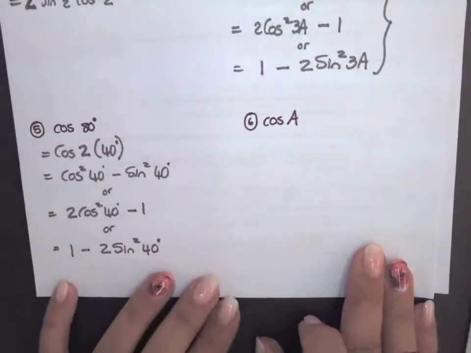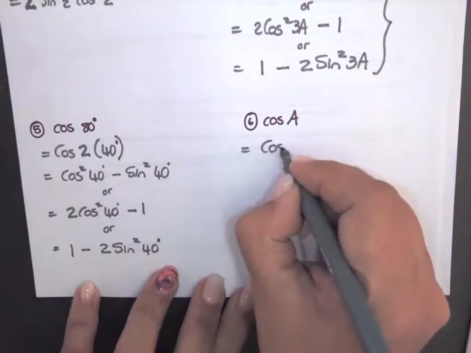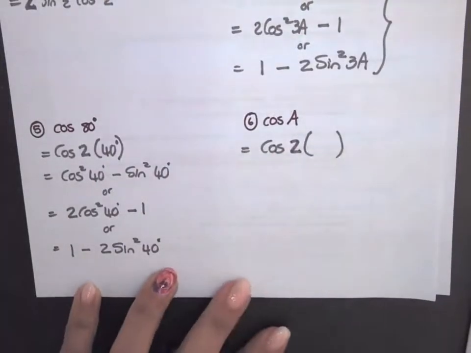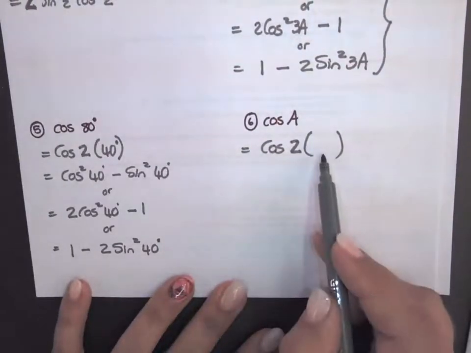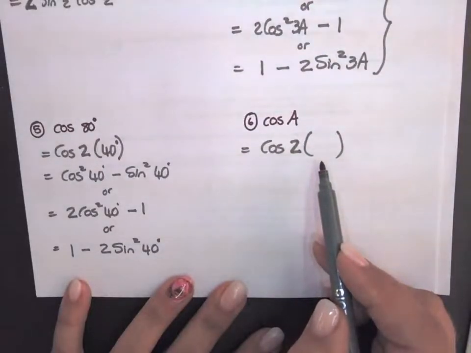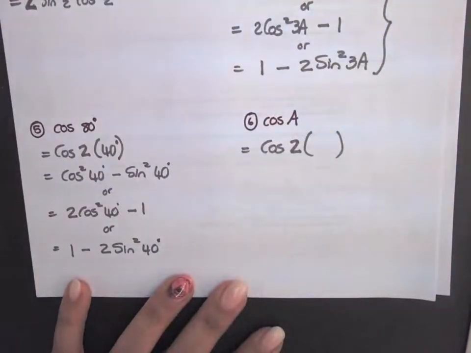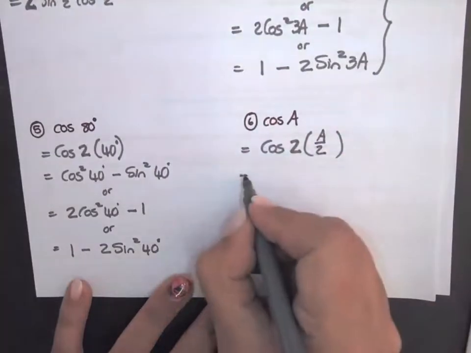Alright, cos A. First write it as a double angle. Cos 2 times what gives you A? Judah, what goes there? A over 2, yes, very good.